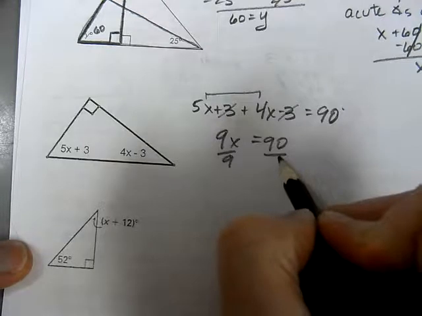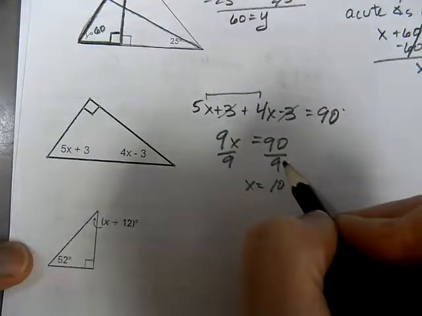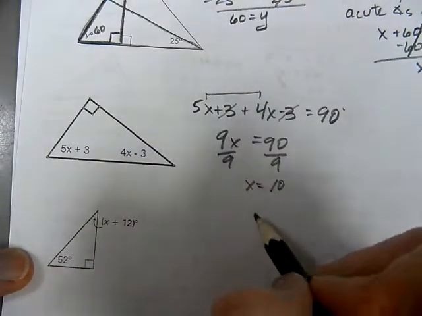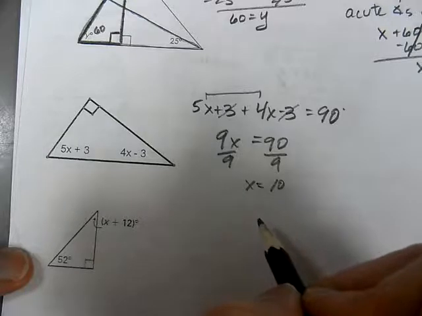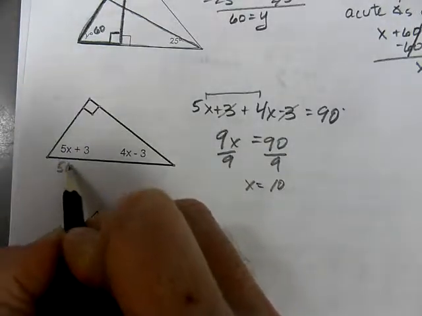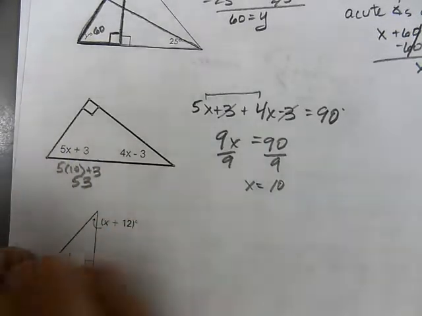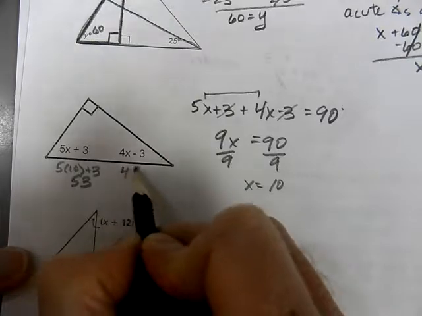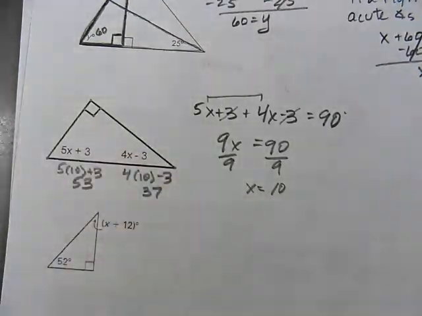When we divide by 9, we get 10. So x is 10. The value of each of these angles is 5 times 10 plus 3, so we get 53 for that angle. And 4 times 10 minus 3, so we get 37 for that angle. And together they add up to 90 degrees.